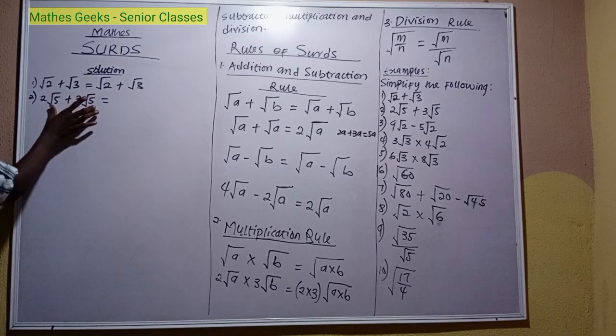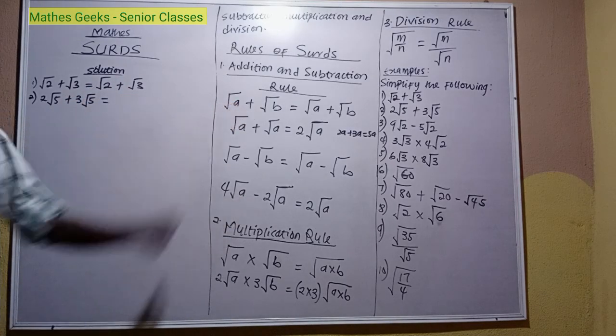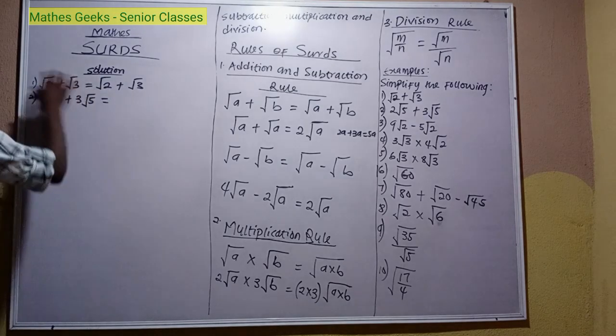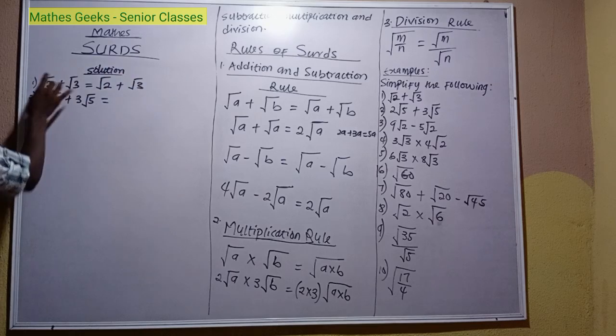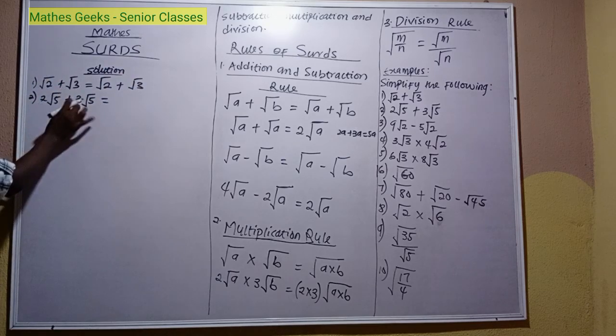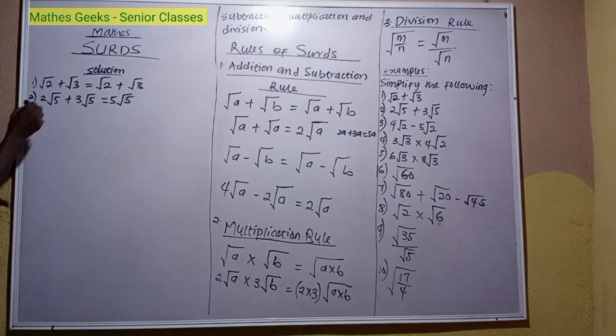So if the roots are alike, then we can add just as is possible under algebraic conditions. But if the roots are not the same, like what we have here, then we cannot add. It's going to be equal to what you have here. So 2 root 5 plus 3 root 5, since we have like roots, 3 plus 2 gives us 5, and that will give us 5 root 5.